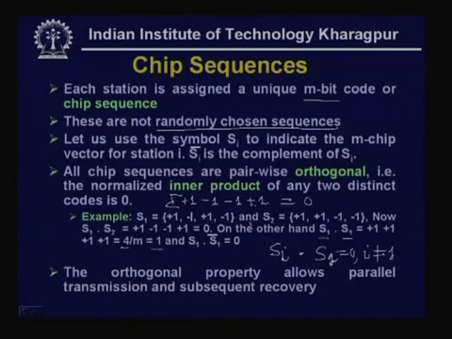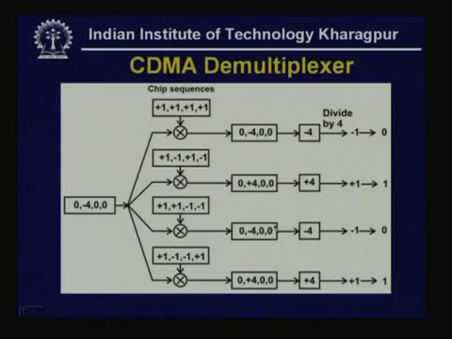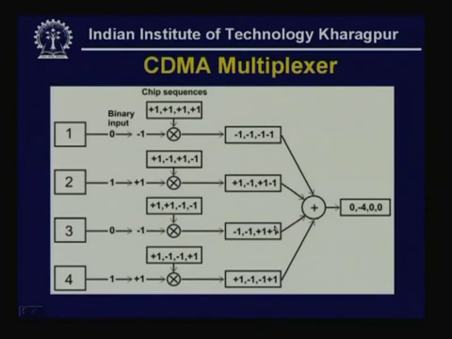Only then the multiplexing and demultiplexing is possible. In other words, simultaneous transmission and subsequent recovery at the receiving end is possible only when this orthogonal property is satisfied. I have already explained how exactly it is being done with the help of these two diagrams.